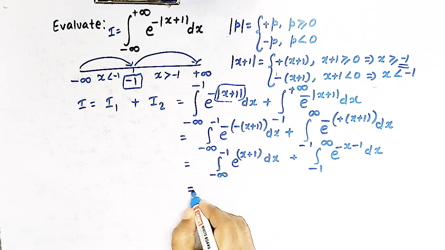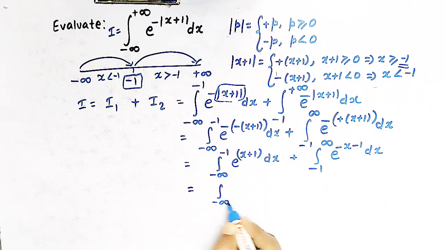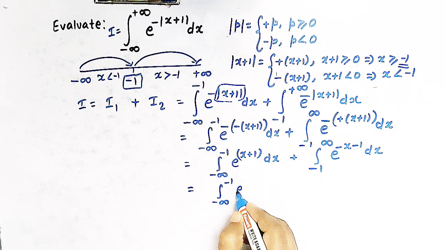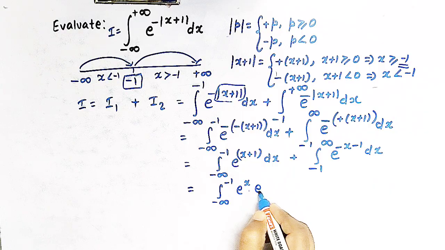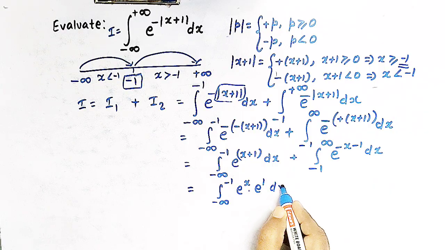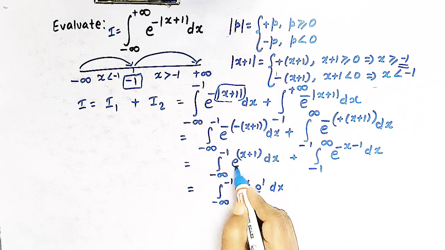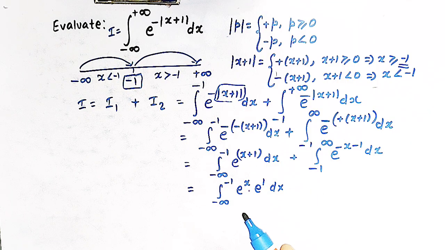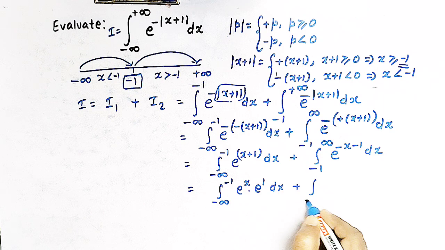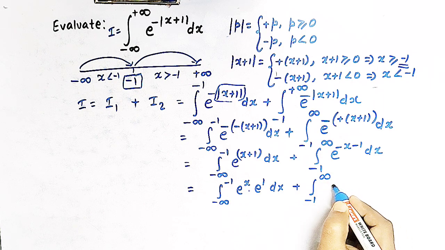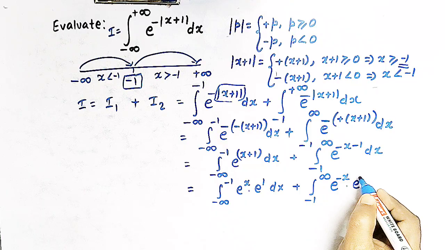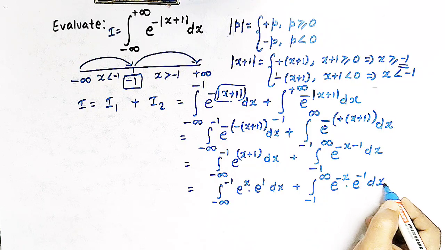So now we can write here minus infinity to minus 1, and here we can write e raised to x times e raised to 1 and dx, because the exponential function follows the rules of exponents, right? And here we have minus 1 to infinity, and here we have e raised to minus x times e raised to minus 1 dx.